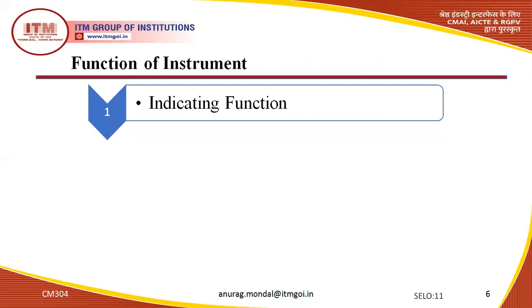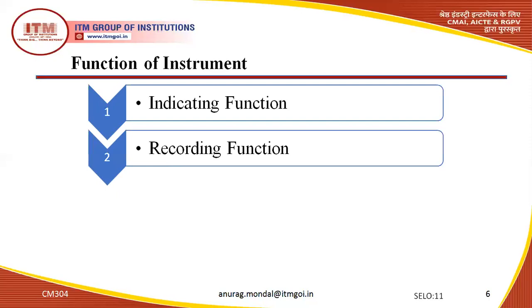So the indicating function should be present in the instrument. Next, the recording function. After getting the value, it should be recorded for further application or controlling purposes. So the recording function must be there within the instrument.